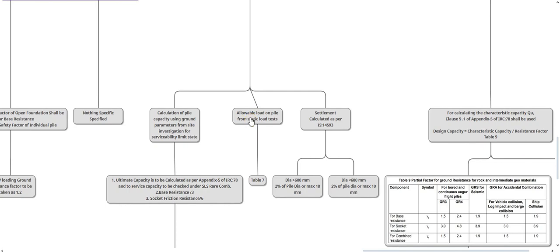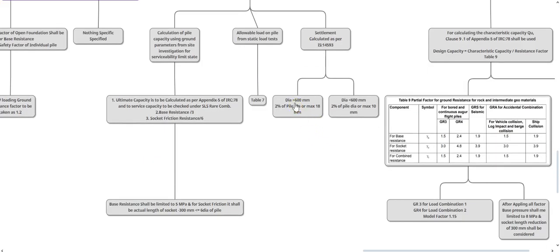For calculation of loads from static load test, we shall refer to table 7, which again includes the correlation factors. For calculation of settlement, we shall follow IS code 14593, and the limit for deflection or settlement is given in two cases.